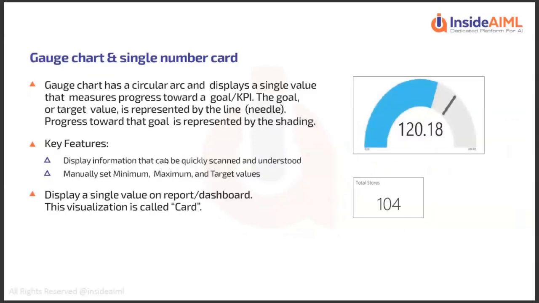We have the gauge. It looks like this, and it is used to show you the target values. Basically, what is my target and what is my sales, in order to achieve a goal. Correct? Got it?